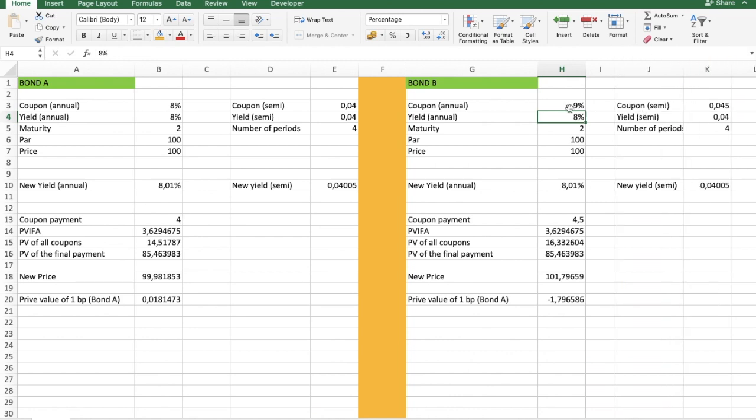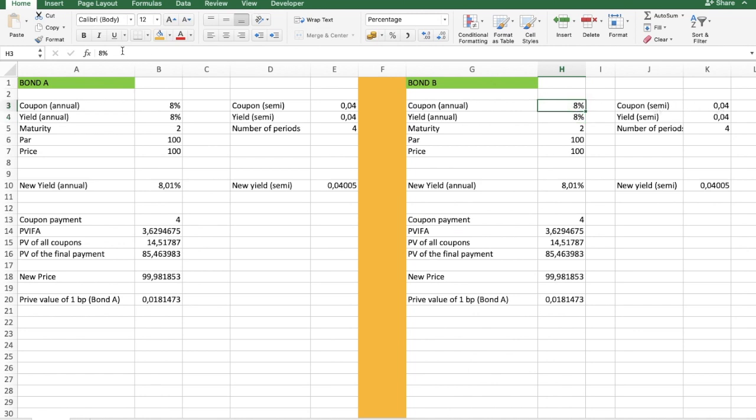See, once I have changed the 9% here, Excel automatically changed the semi-annual coupon. It was 8% first, right? So with 8%, the semi-coupon payment was equal to 4%.